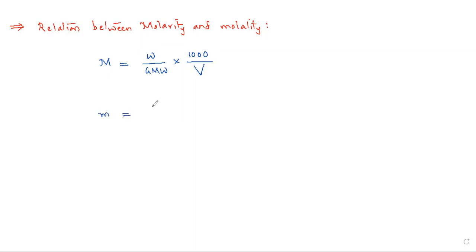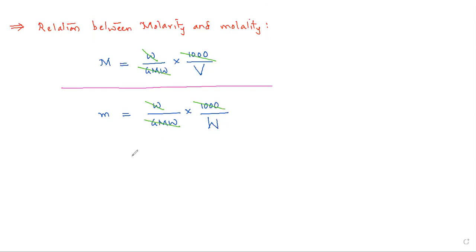Similarly, molality can be given as weight of the solute by gram molecular weight of the solute into 1000 by capital W. Now everything except the weight and volume get cancelled. From this it can be written as capital M by small m is equal to capital W by capital V.